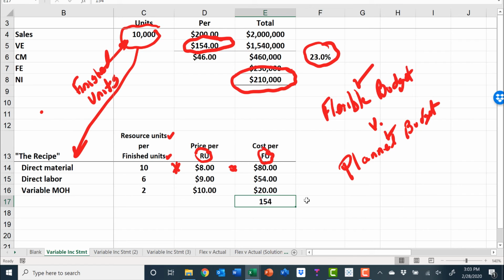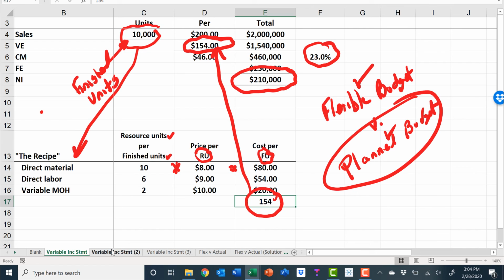The 80 plus the 54 plus the 20 give me the 154, and that's the same 154 I had up here. So all you're seeing here is that total variable expenses are broken down into 3 components, and that's going to be an important part. And so that's our original planning budget.